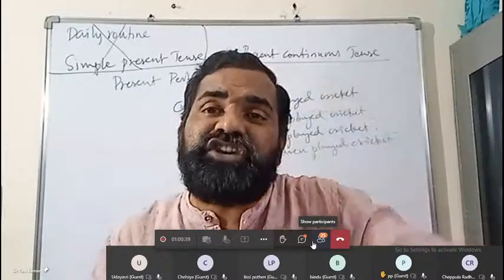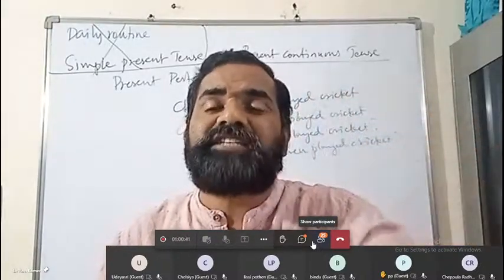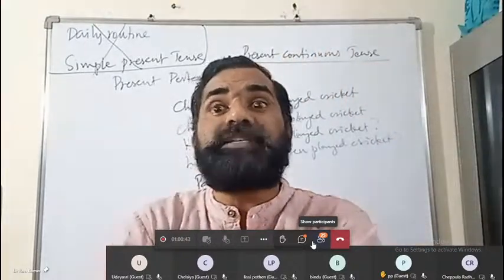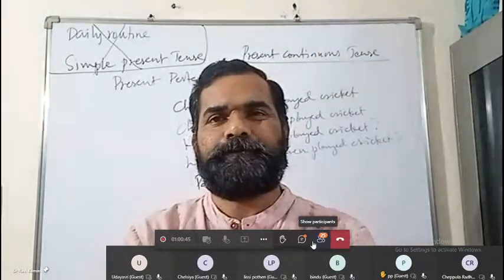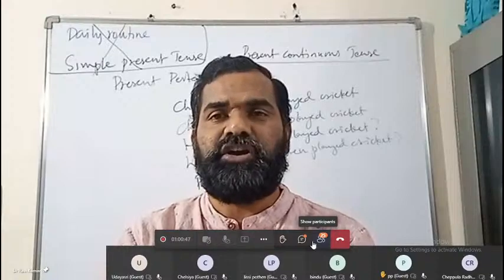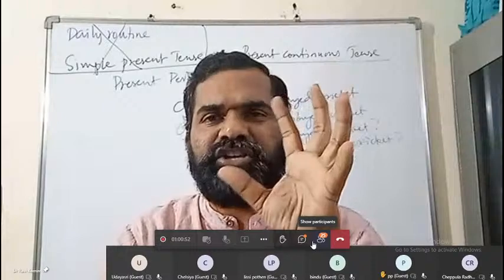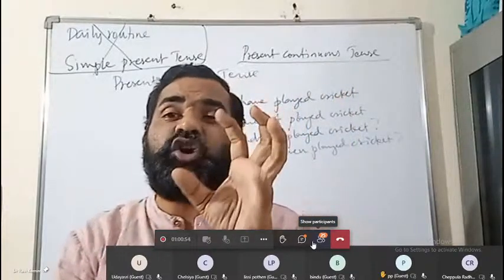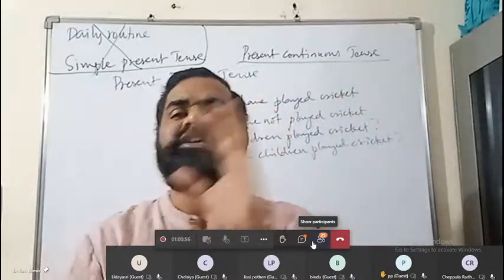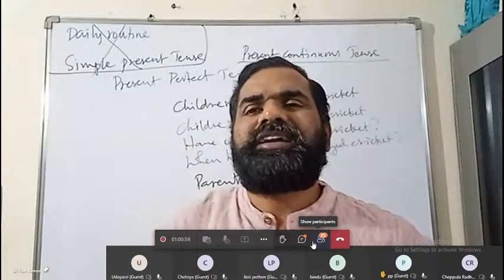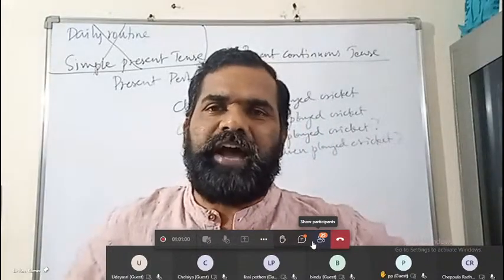And for each structure, I want you to write 5 to 10 examples like this. Positive structure, 10 examples, negative structure, 10 examples, yes or no question structure, 10 examples, WH question structure, 10 examples. All right?